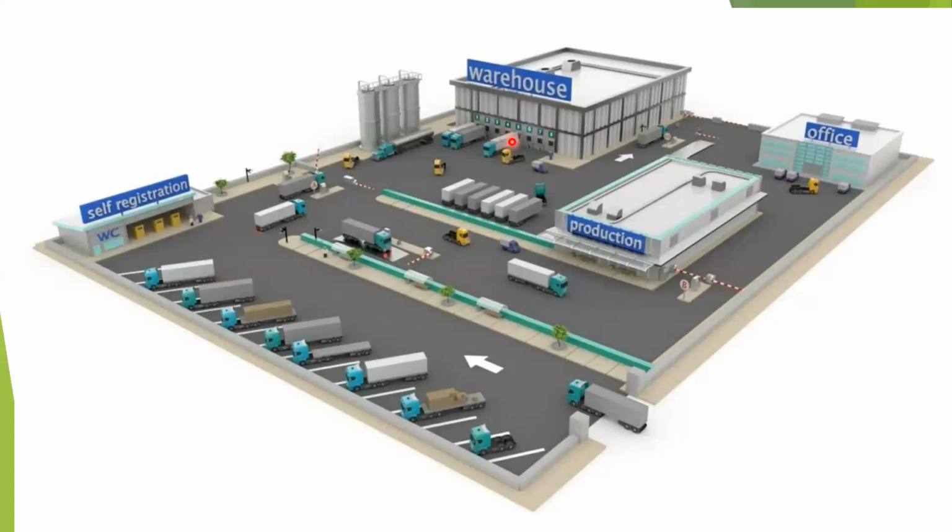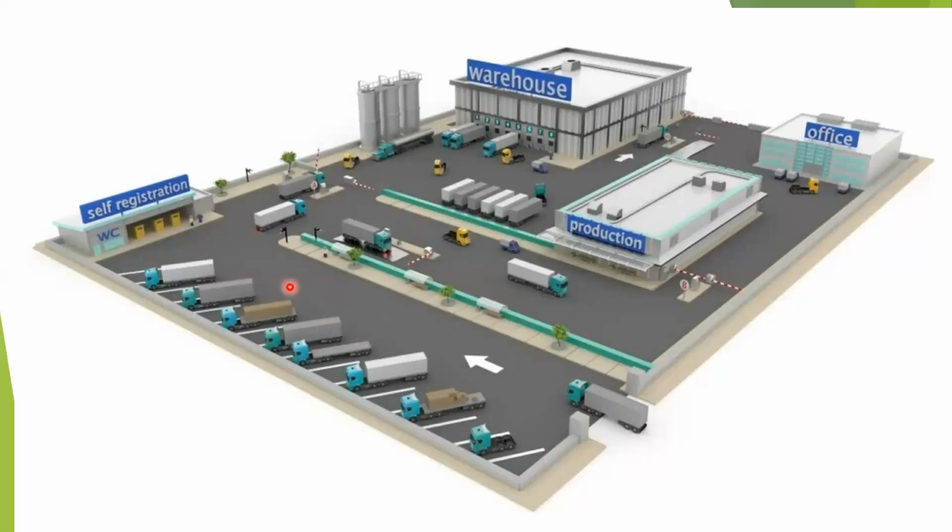Once they deliver the material, whether they have to park or check out, all these things will be managed within the yard only. This is the yard management for us.